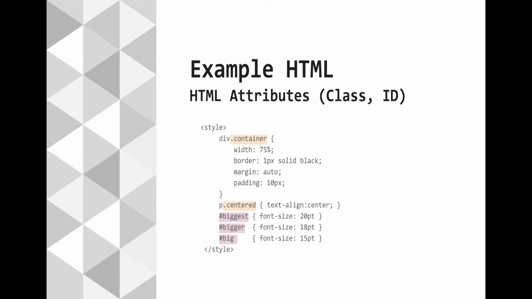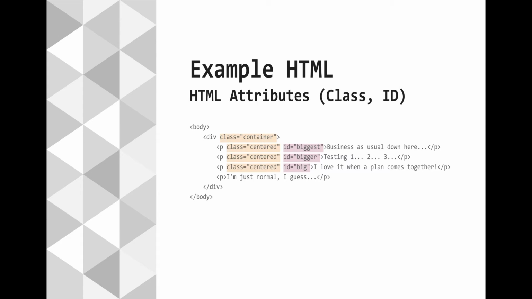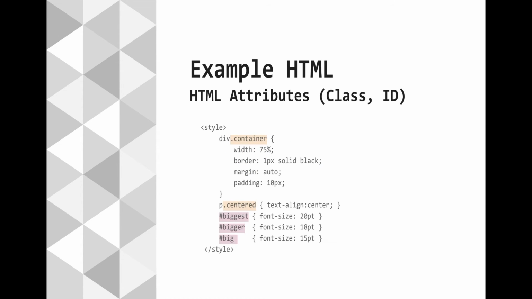And then we've got hashtag biggest, hashtag bigger, hashtag big. These are all separate IDs and classes with styles. If we look down in our actual HTML body, we see that we've got div class equals container. Let's go back a slide real quick and look: div.container correlates to div class equals container.